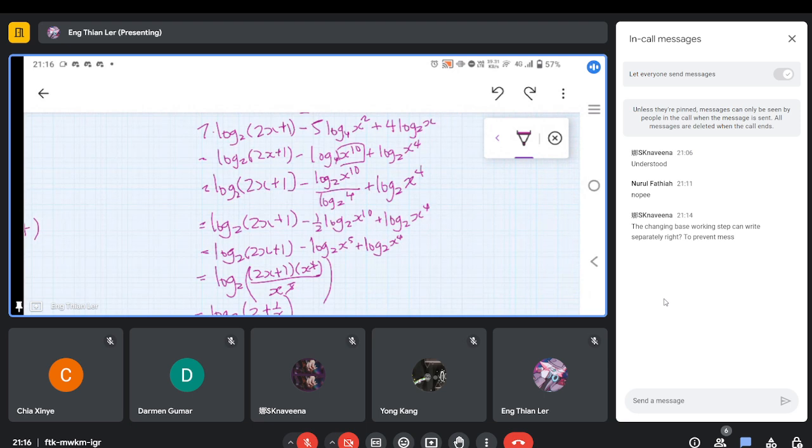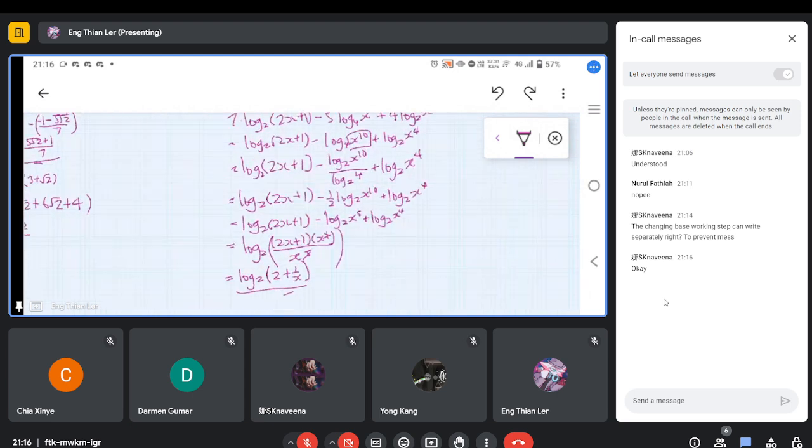If you think you're really good, like you're getting a hand on it, you can start skipping steps and save some time. But if you're not really good at math, I prefer you just write the steps. Because if you skip, sometimes you make a mistake, skip a very important step, and then you lose marks also. So writing the steps separately is really a good idea to prevent mistakes.